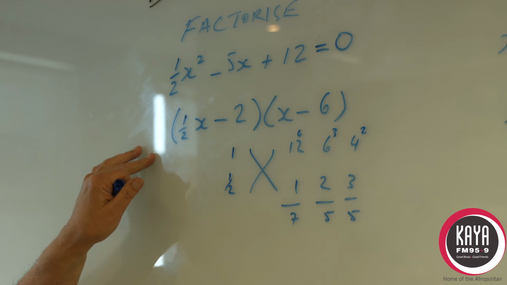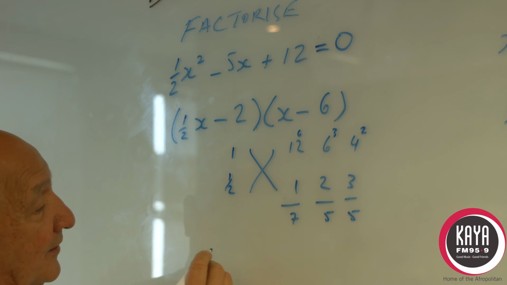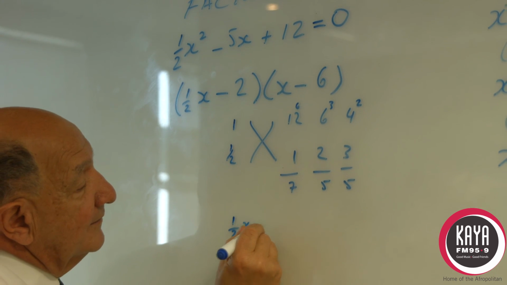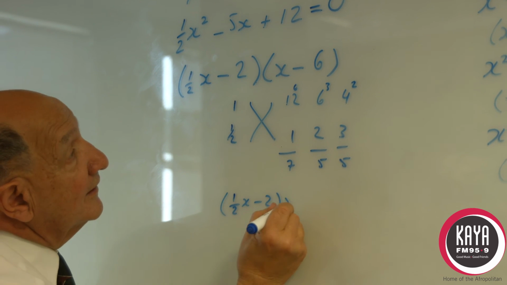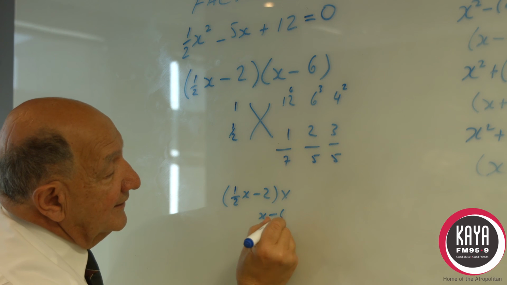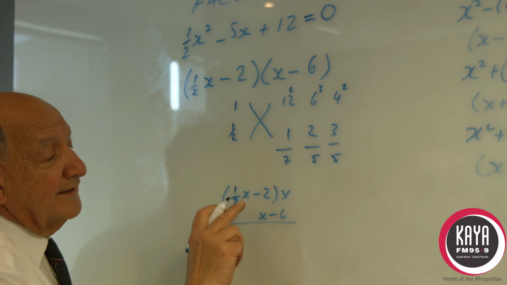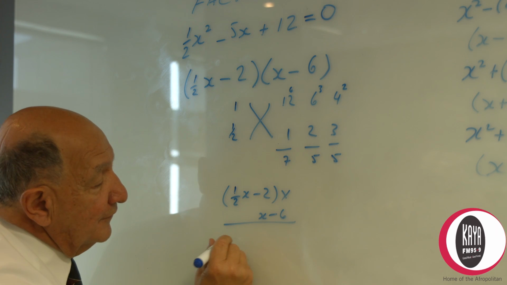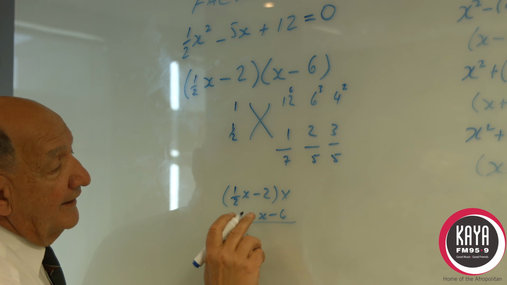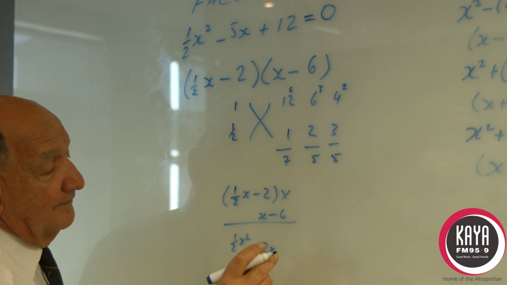So let us again cross-check that this answer is correct. We have a half x minus 2 times x minus 6. So x times x and a half, we're going to get a half x squared. X times minus 2 is minus 2x.